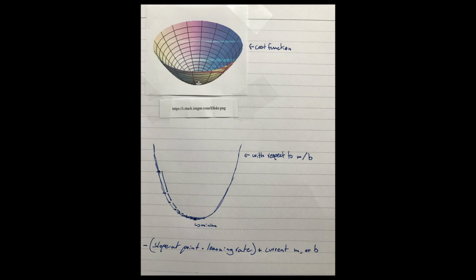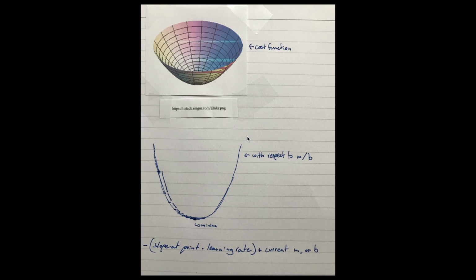This is where calculus comes into play. What we do is we look at not the whole bowl itself, but the graph of m and the graph of b independently. This may or may not be the graph of m or b, but I just drew a parabola to illustrate the concept.